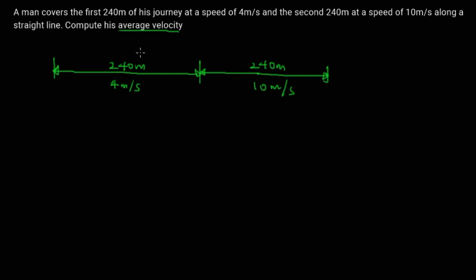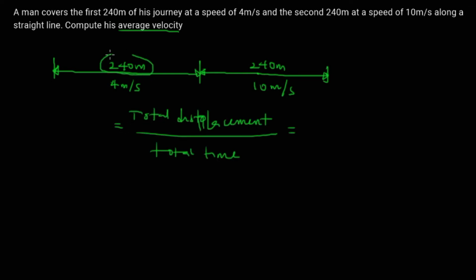Now how do you compute his average velocity? The average velocity has to be the total displacement. The total displacement is 240 meters and then 240, so we have 240 plus 240 in meters.